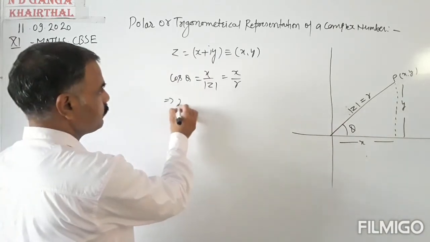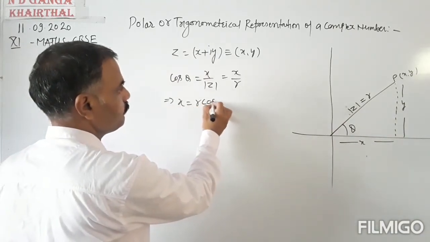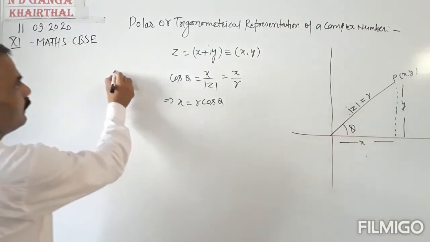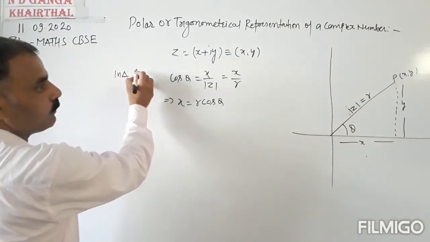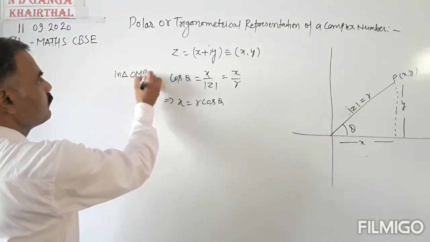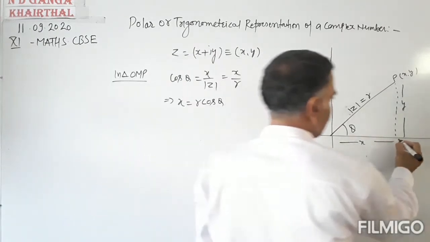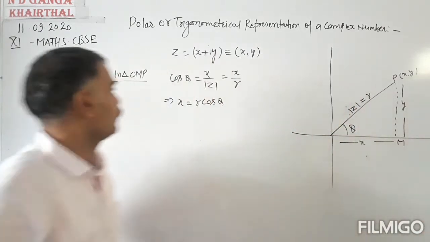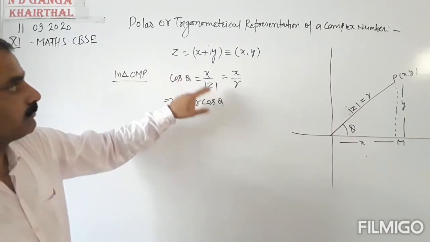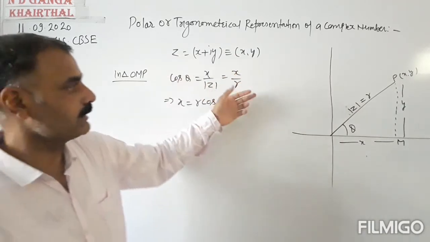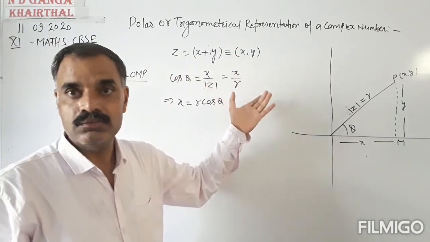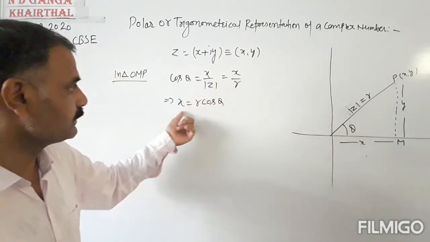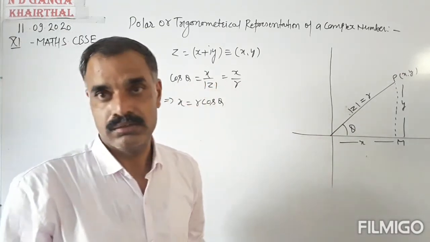So x is equal to r cos theta. In triangle OMP, where this is M, cos theta is equal to x upon modulus z, that is x upon r. That is, x is equal to r cos theta.